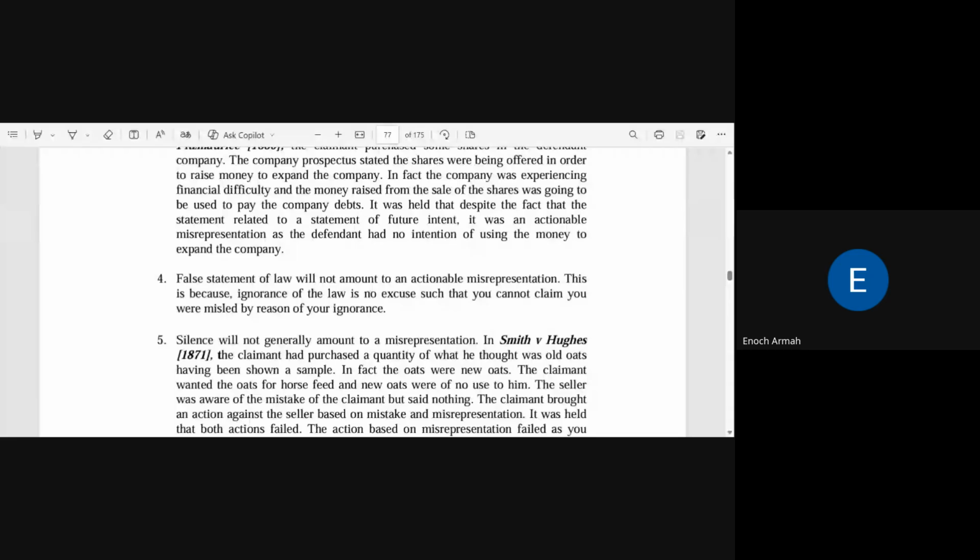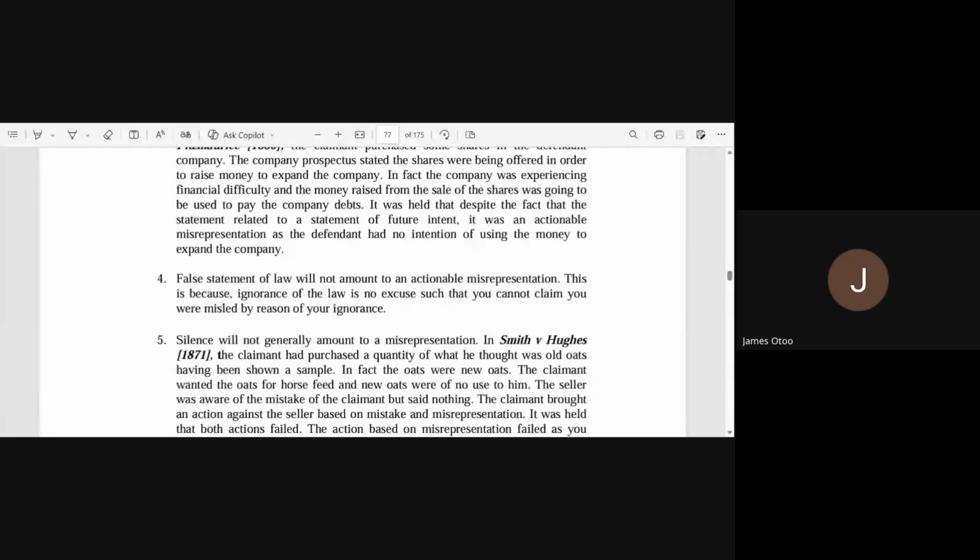Out of that, you take it that 2,000 blocks will be enough for the construction of the two-story building, and it turned out to be something else. Does that mean it is a misrepresentation?